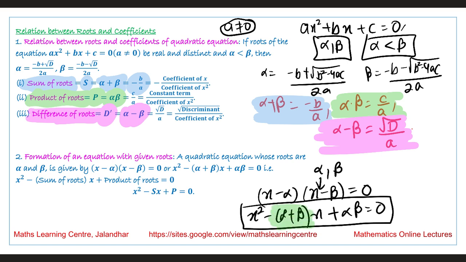This is alpha plus beta, that is the sum of roots, and this is alpha into beta, that is the product of roots. So, if the roots alpha and beta of the quadratic equation are given, then we can use this method to find that quadratic equation.